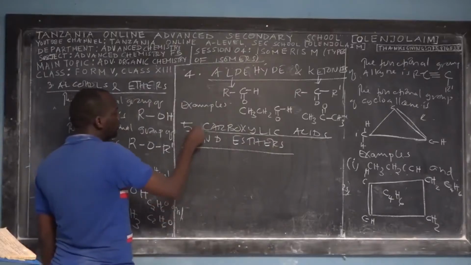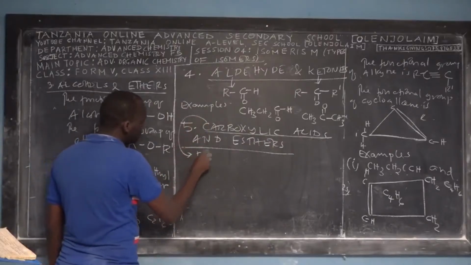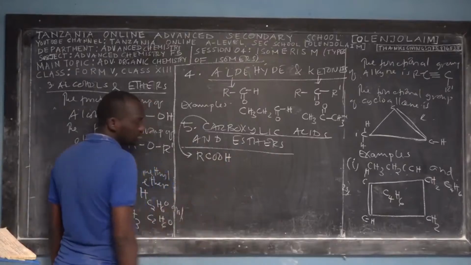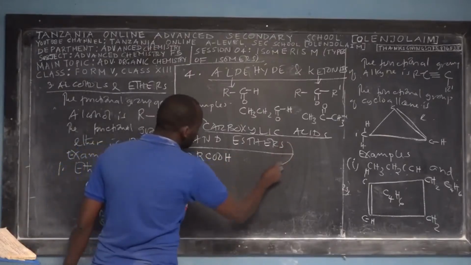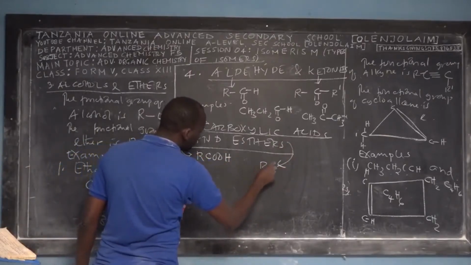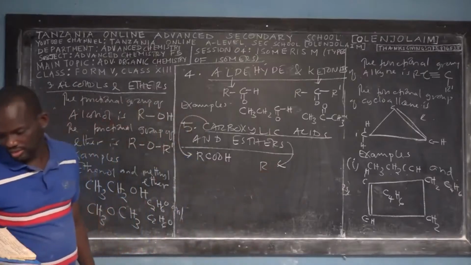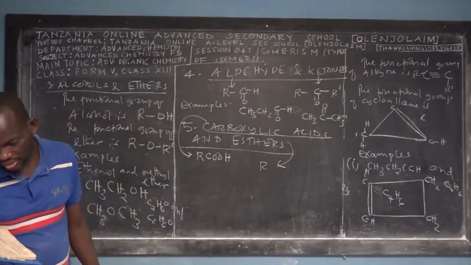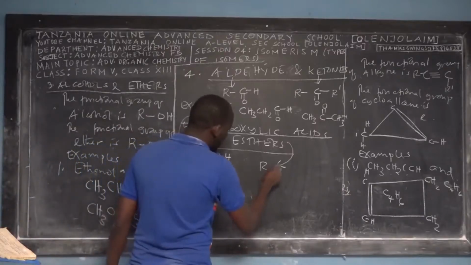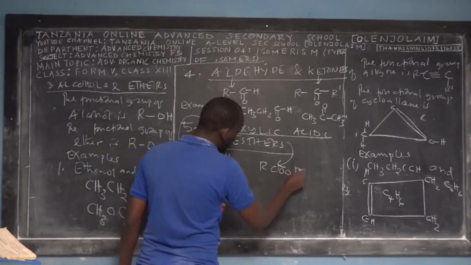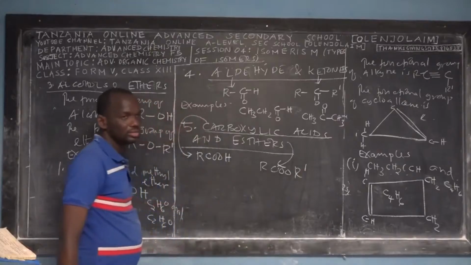The functional group for carboxylic acid is this one. The functional group for esters is R-COO-R', right?